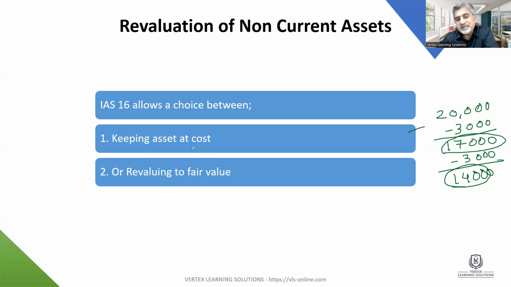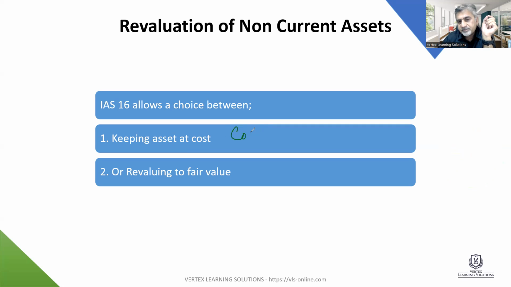When I say keep the asset at the cost model, it does not mean that you keep the asset at 20,000. Actually, cost model means cost minus accumulated depreciation so far. My cost was 20,000. I do not change it.